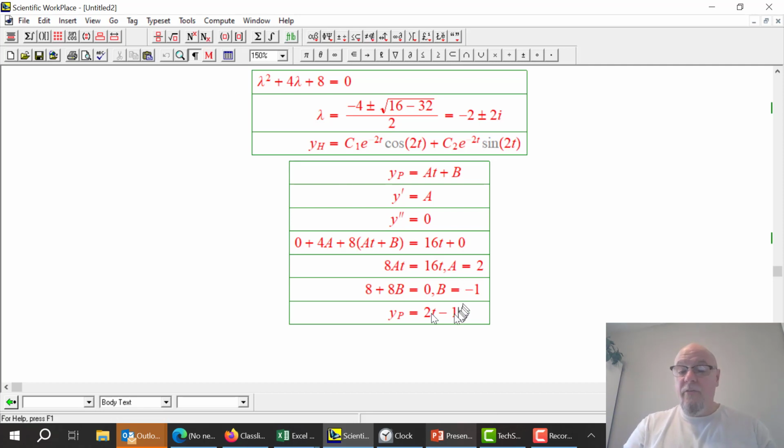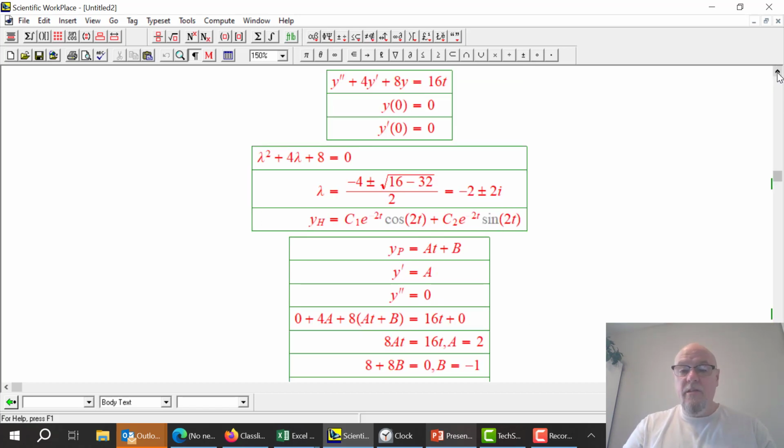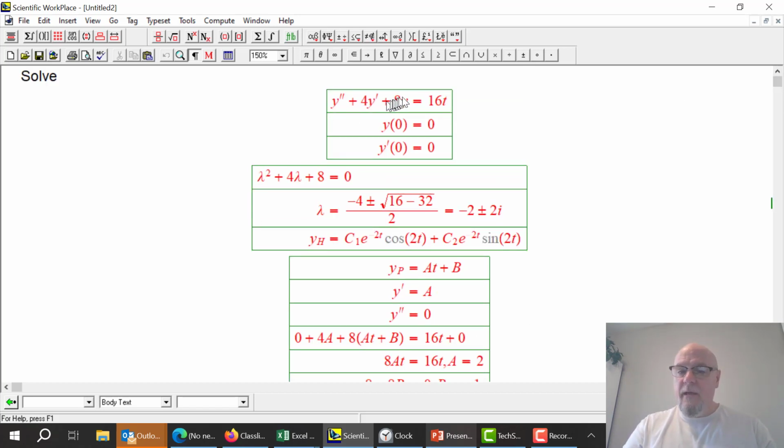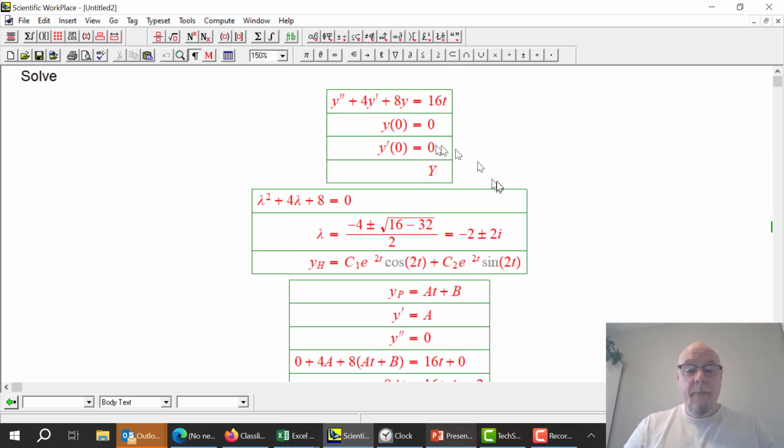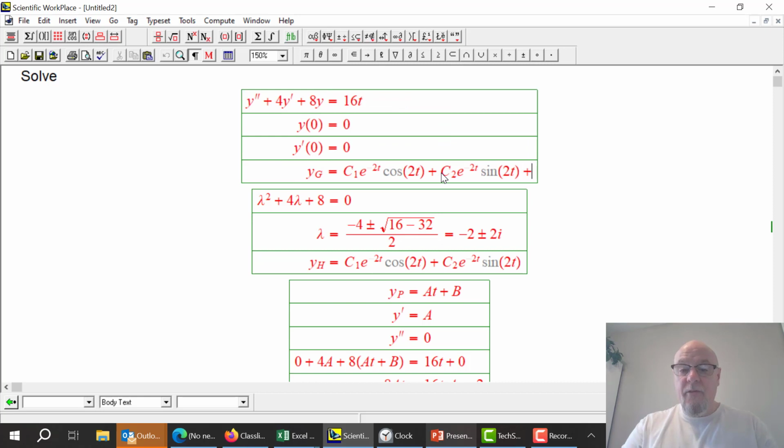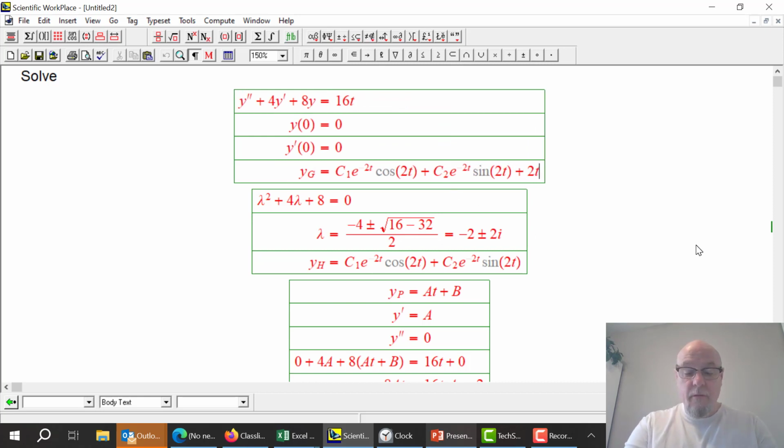Now we can check this. If I take this 2t minus 1 and differentiate it again, sub it in the left-hand side of the equation, it will equal 16t. It's a particular solution. So now our general solution is going to be equal to the sum of the homogeneous solution plus the particular solution.